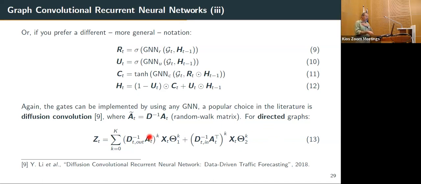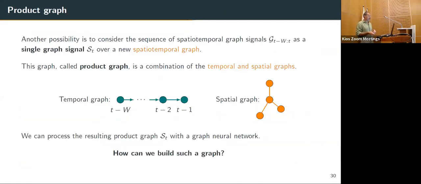So what you see here is a random walk, this one is a graph shift operator at a power k, which means that I'm not only looking at my neighbors, but 2-hop neighbors or 3-hop neighbors for what is coming out from me, and in this case from what goes in. So you can train in and out differently. Okay, product graph.